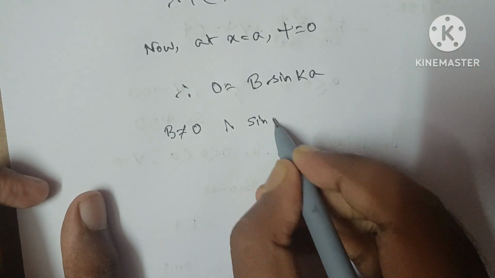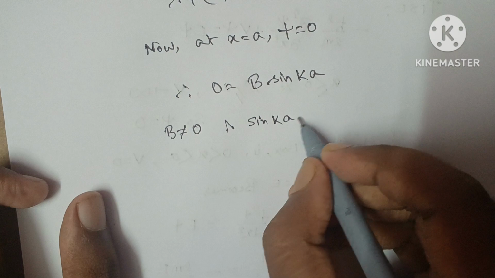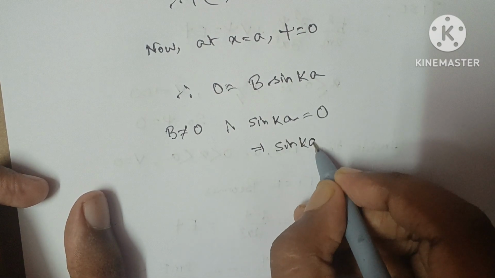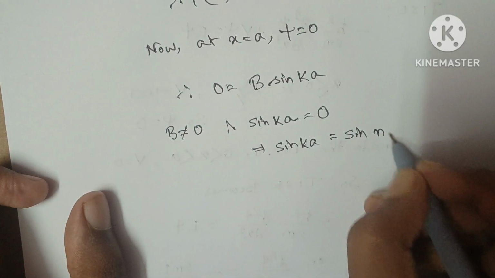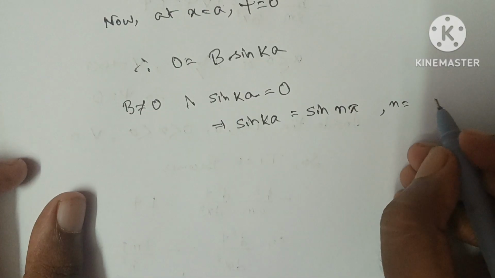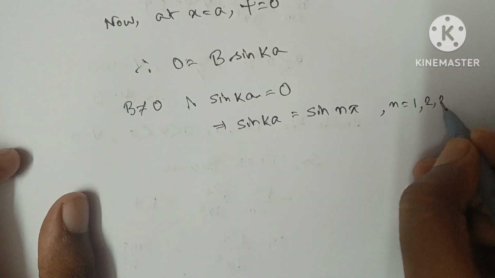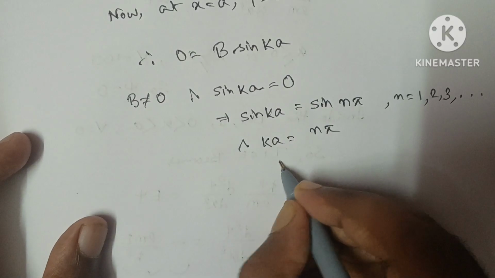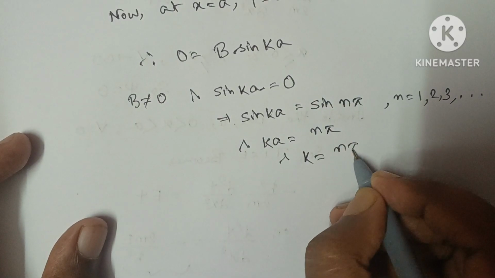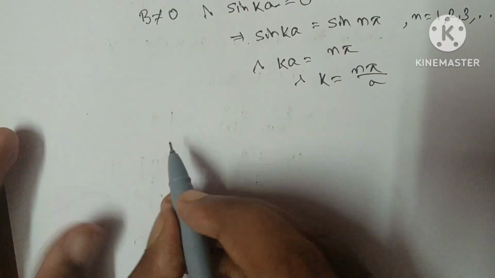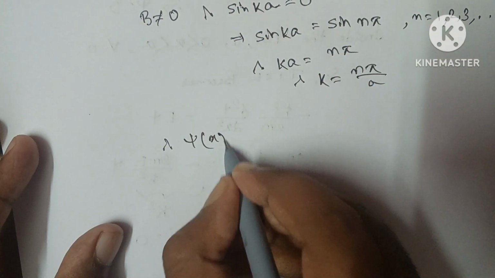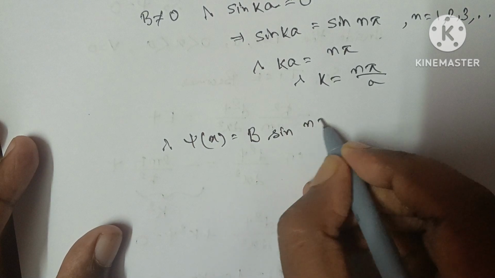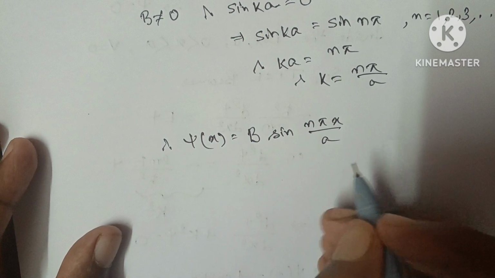Therefore sin ka equals sin n pi, where n's allowable values are 1, 2, 3, and so on. Therefore ka is equal to n pi, so k is equal to n pi over a. Therefore psi of x is equal to b sin n pi x over a.